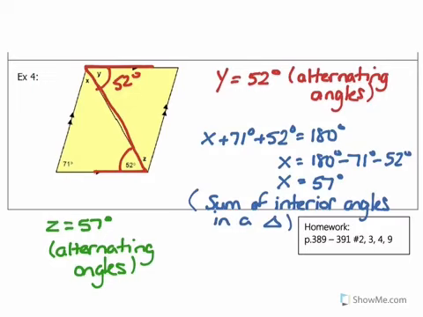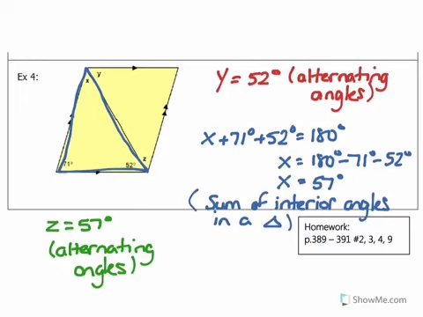Now, what else did I find? Okay, so getting rid of all this, I focused on the blue, which is inside a triangle. You should know that all three of these angles add up to 180. That was something in the last lesson.